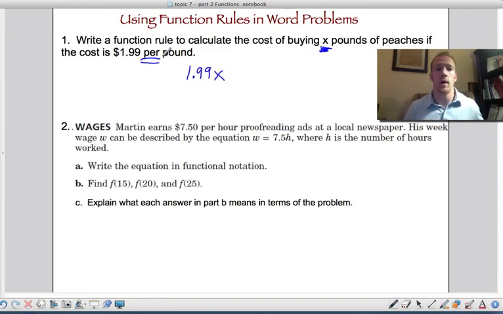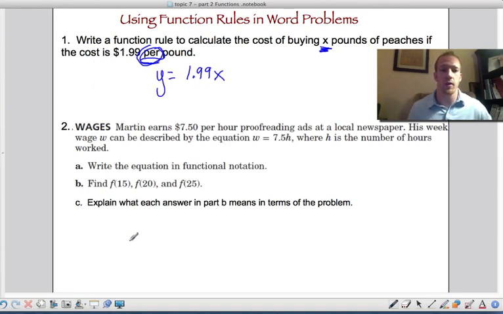All right, so that word per is going to be the indicator for what is multiplying the x. If there was a plus something over here, that would be some fixed value that never changes, right? But the cost is going to change if the number of pounds changes. So we can call that y equals 1.99x.